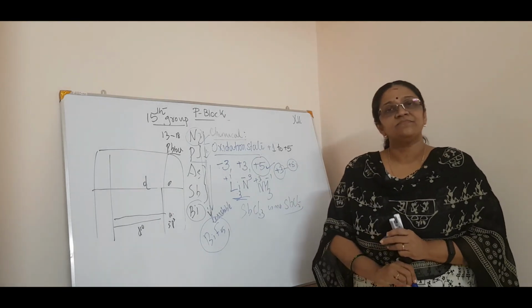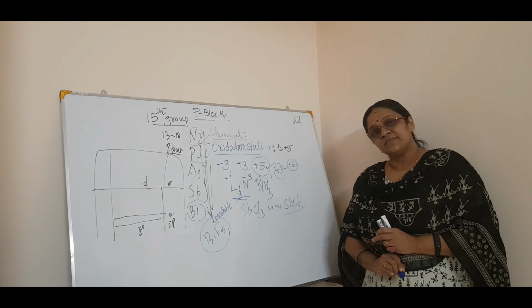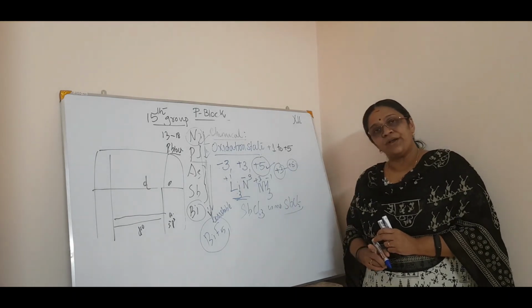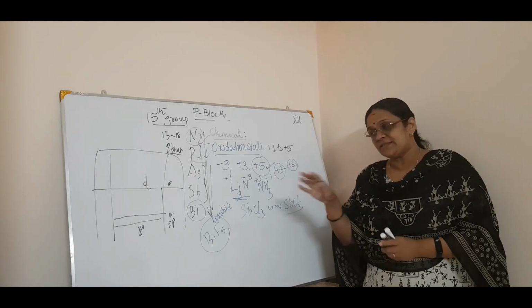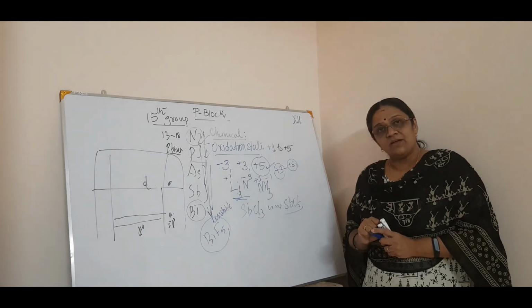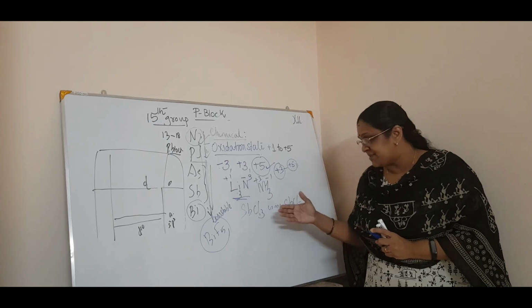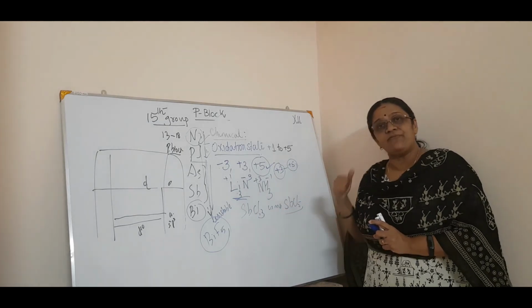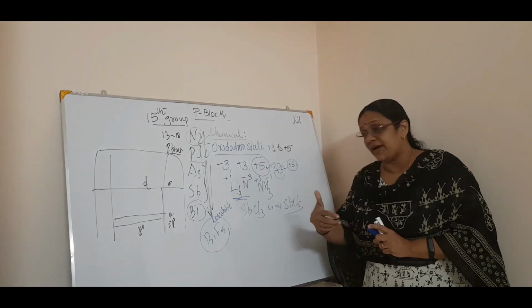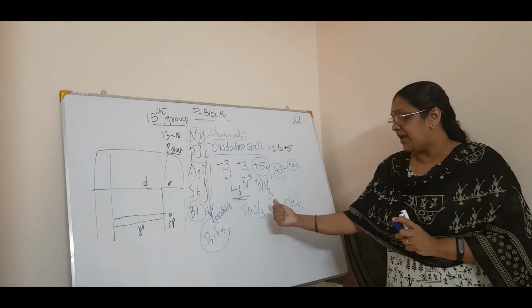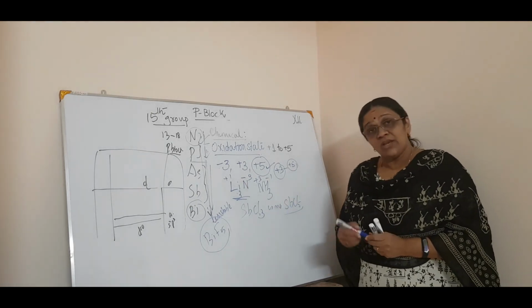How will you account for it? These are the types of questions they ask. For bismuth also, why BiCl3 is more stable than BiCl5, or why SbCl5 is less stable than SbCl3.